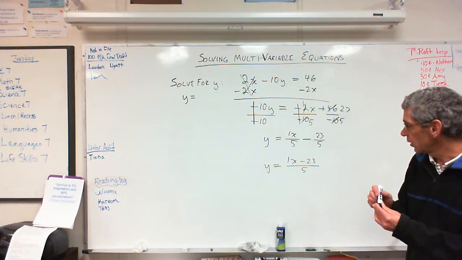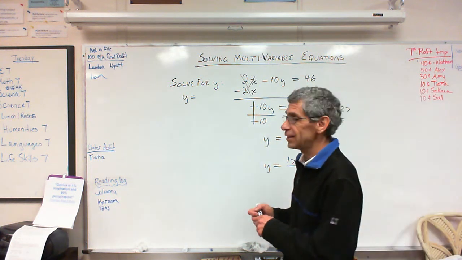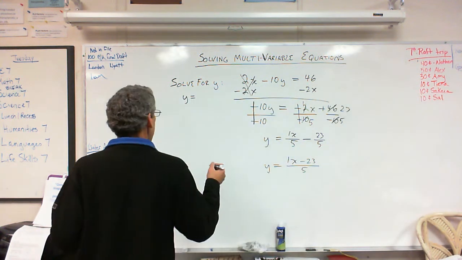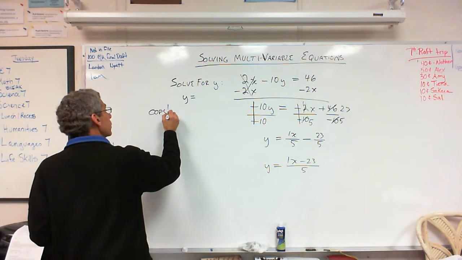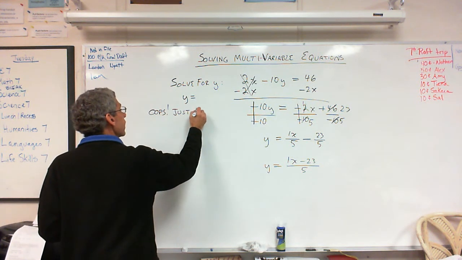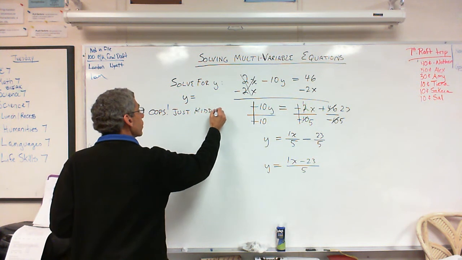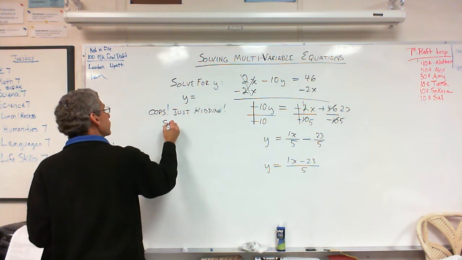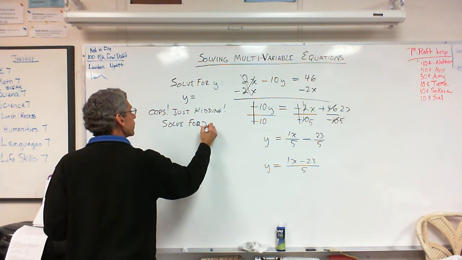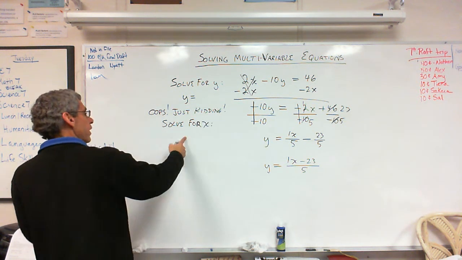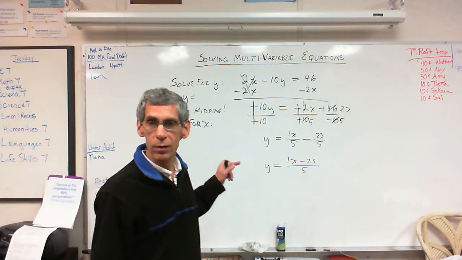Now, let's say that your math teacher did this. He said, oops, just kidding. Oh, that would suck. Solve for x. That's what he really meant. All right. So what's my goal?